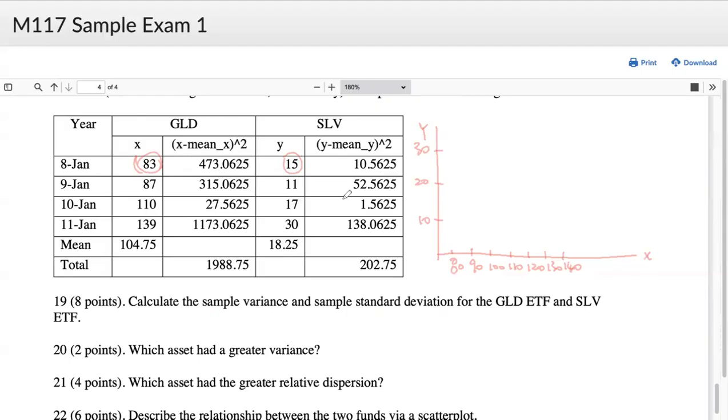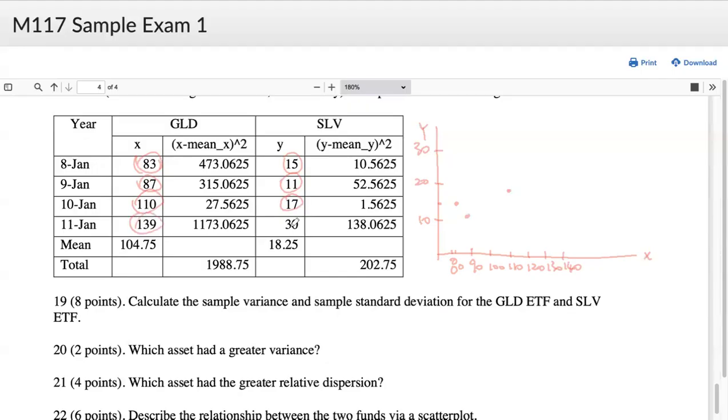So 83, 15. 83 somewhere here, and the 15 right in the middle. So we have this point. Then 87, 11. 87 is close to 90, 11. I have this point. Then 110, 17. 110 is here, 17 is here.